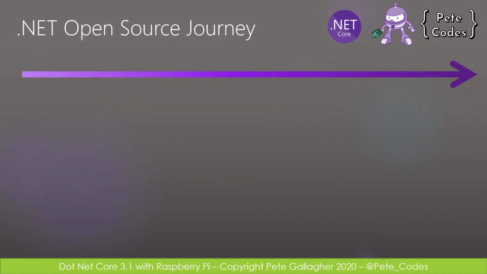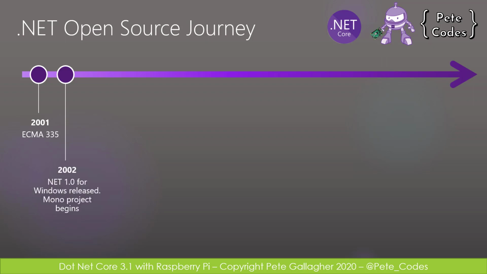So Microsoft actually began its open source journey quite some time ago. Back in 2001, Microsoft, together with HP and IBM, sat in a room together trying to figure out the best way that they could allow developers to target any platform they like. In 2002, version 1 of the .NET Framework was released, and also the Mono project began, which was an open source implementation of .NET Framework.